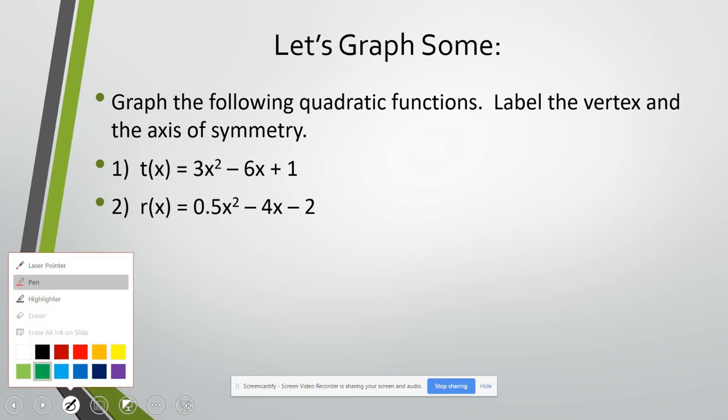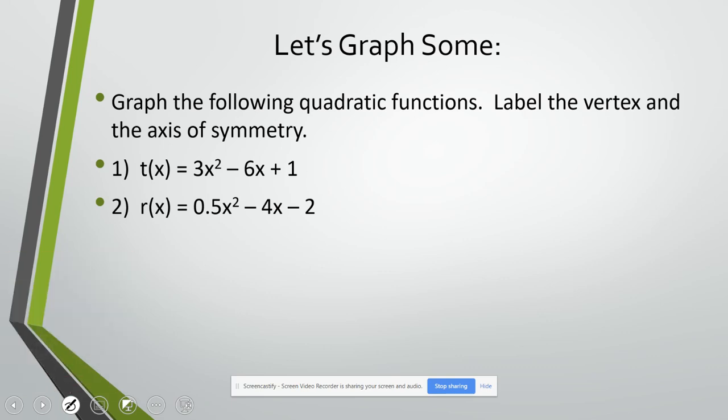All right, let's try the second one. Our A is 1/2 or 0.5, and our B is -4. Our C or y-intercept is at -2.